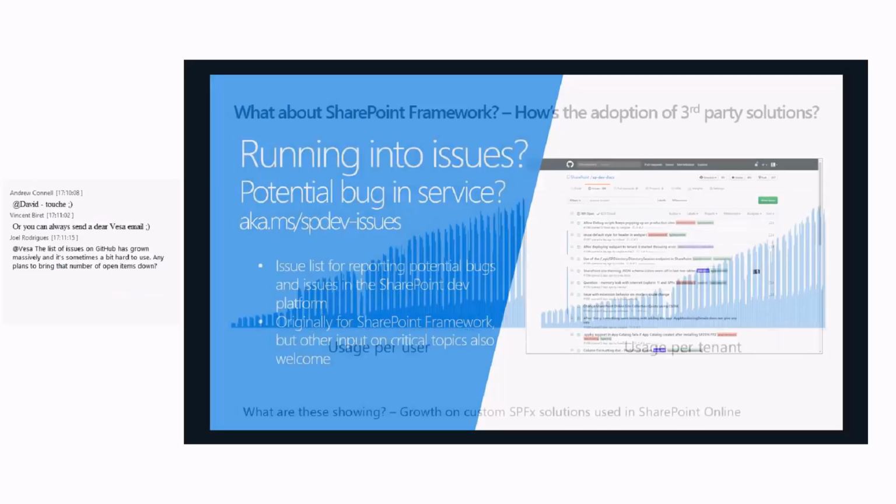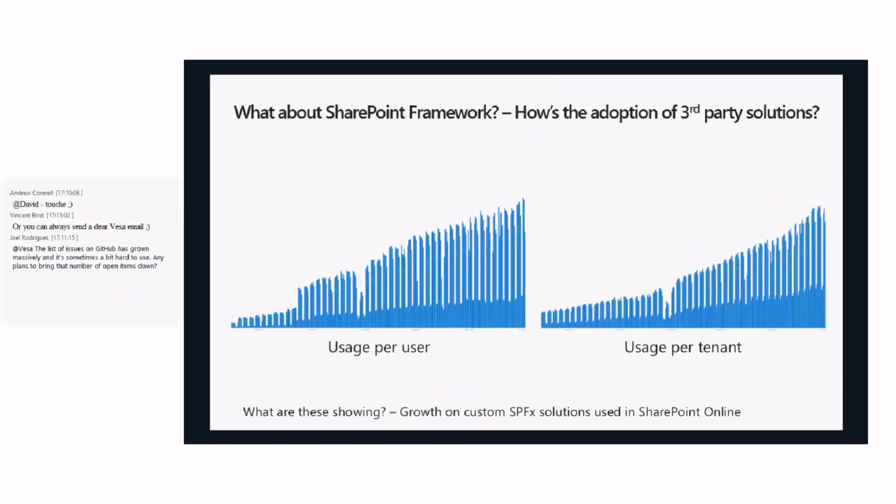Now, new stuff. So some updated stats. These are not actually showing the exact numbers because we do not disclose the exact numbers yet, but it shows the growth of SharePoint Framework. So this is how much third-party customizations built using SharePoint Framework are being used in SharePoint Online.